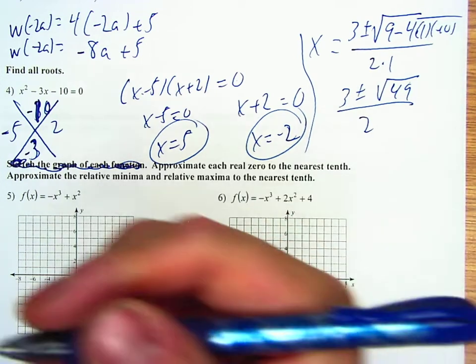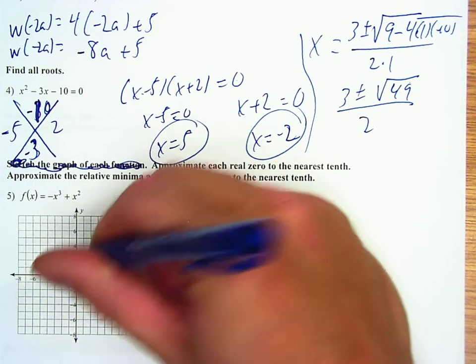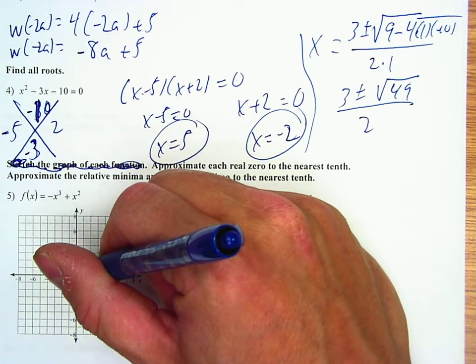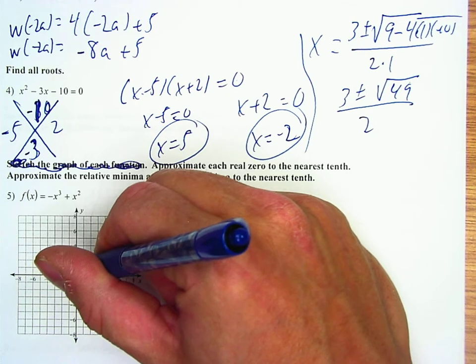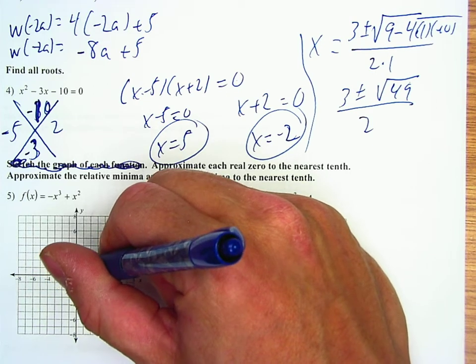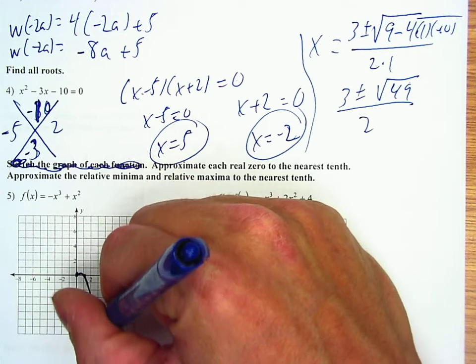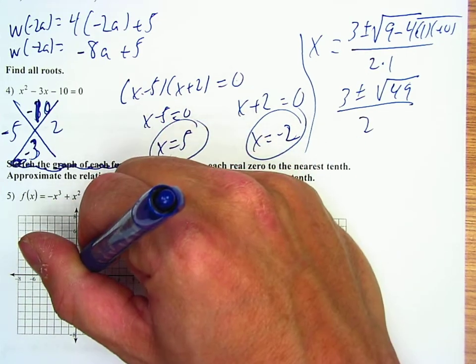So what you should have for a graph, the rest of you guys when you graph it, is it comes through at 0, 0. And it goes up just a little bit from there, and comes straight back down at 1. Right, like that. And then it comes up from here, just going straight up from here.